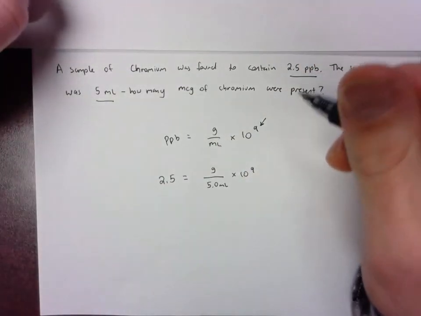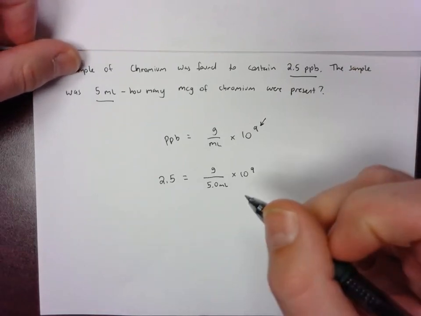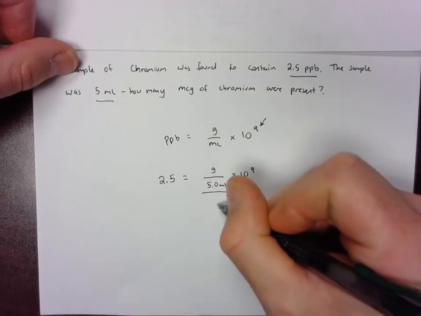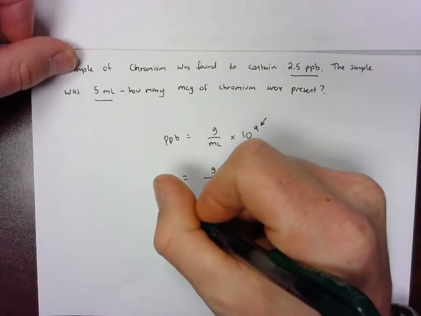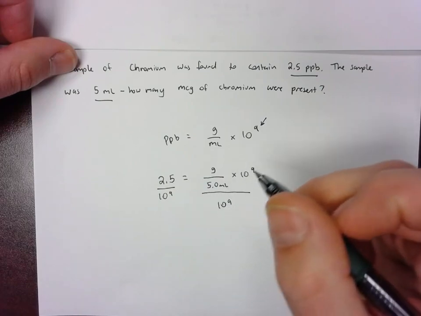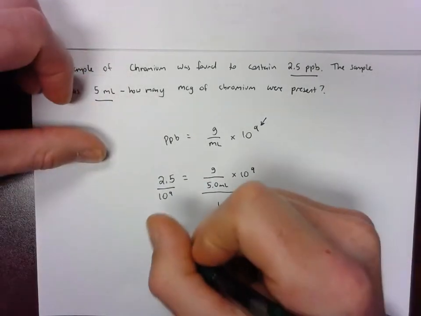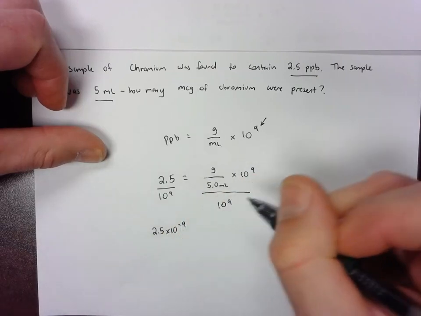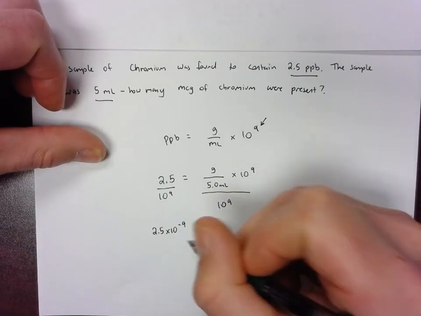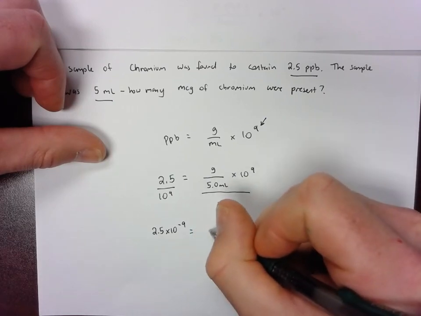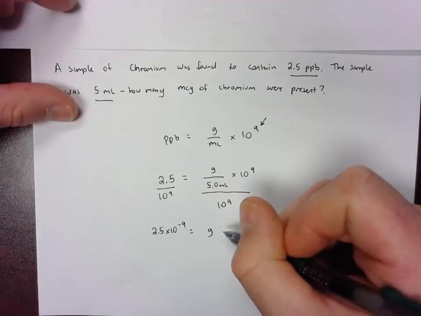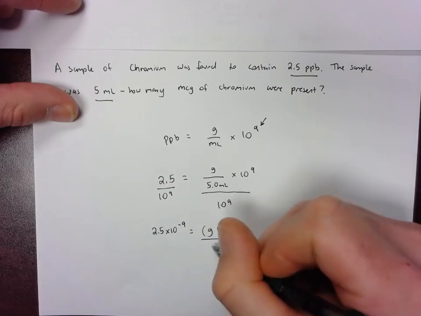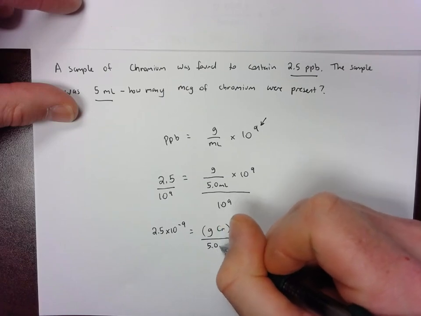And then to solve this algebraically, first we can divide by 10 to the 9th on both sides. So 2.5 times 10 to the negative 9 is what we're going to get on the left, and then that is grams of chromium divided by 5 milliliters.